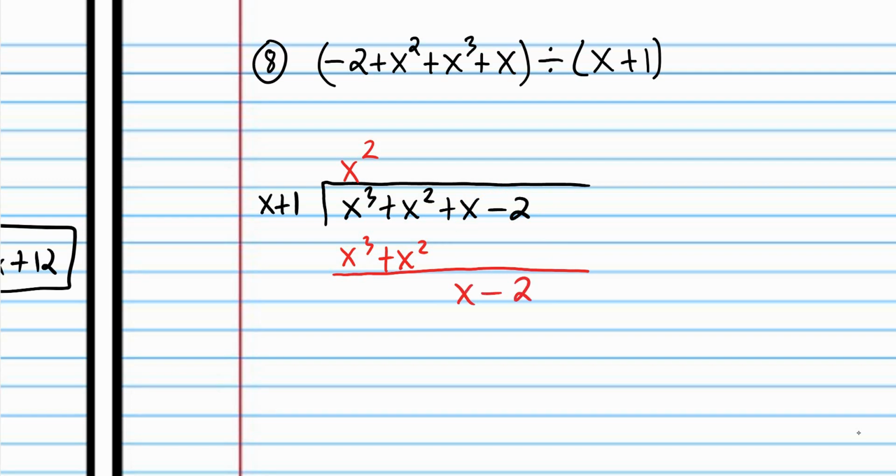So now we're on to cycle number 2. X times what is equal to x? And the answer is, obviously, 1. 1 times x is equal to x. So that's step number 2. We're now multiplying. 1 times x plus 1 is x plus 1.